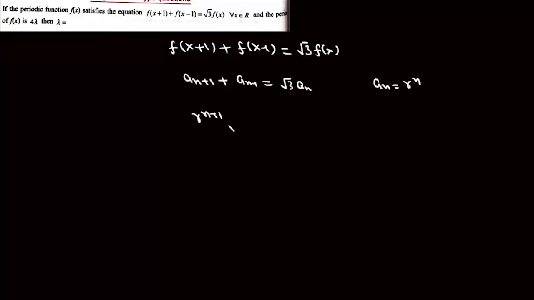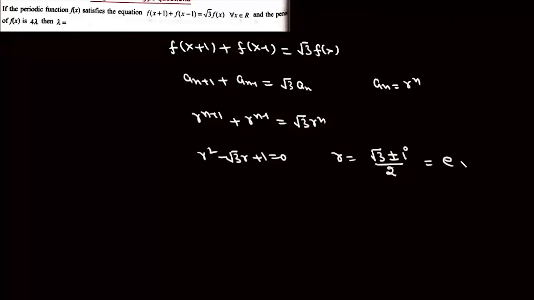So it will be rⁿ⁺¹ plus rⁿ⁻¹ equals root 3 rⁿ, or r² minus root 3 r plus 1 equals 0, or r is (root 3 plus or minus i)/2. So the characteristic roots are e to the power ±iπ/6.